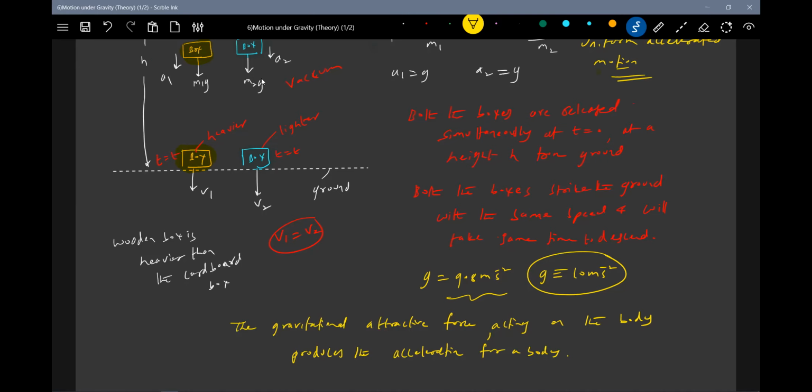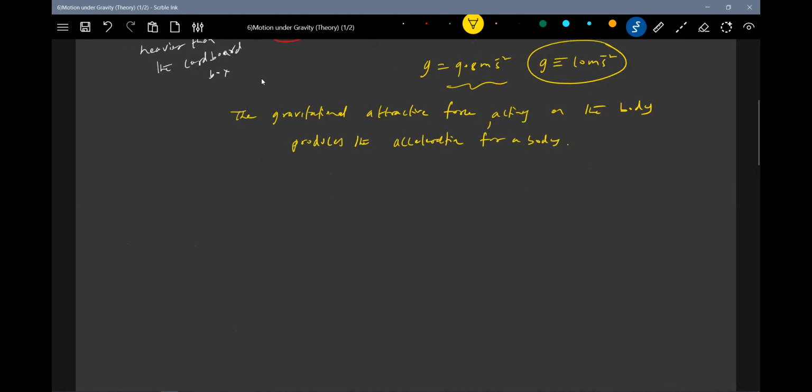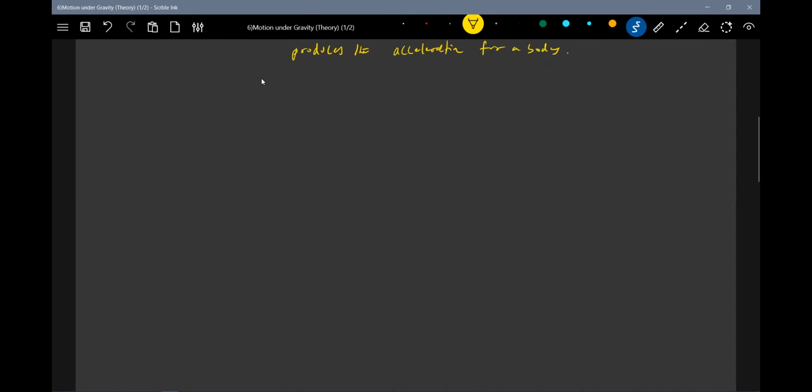From where is that acceleration obtained? Due to the gravitational attractive force acting on it. So that's one basic idea: you can drop any object, and it's going to fall freely. Okay, let's discuss the freely falling body, the first one.